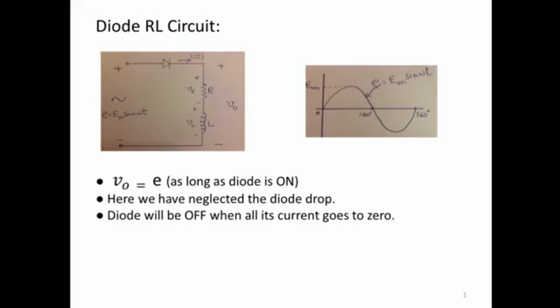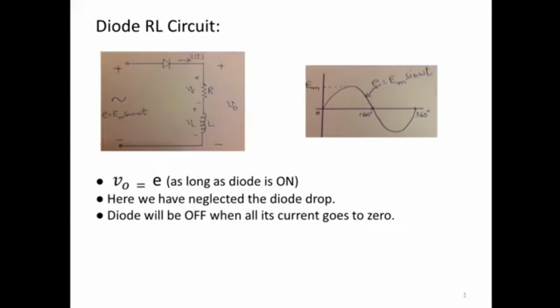The correct answer is the diode will be off when its current goes to 0. Until and unless its current goes to 0, it will be conducting. A diode will be turned off after its current goes to 0.